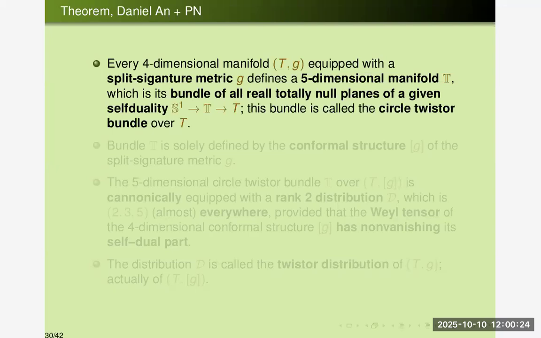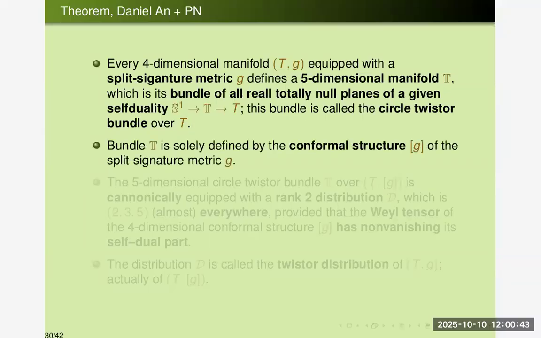In other words, given a four-dimensional manifold with split signature metric, we have a five-dimensional one, which is a fiber bundle over it with the fiber being a circle or SO(2) group. This bundle is actually defined solely by the conformal structure of this split signature metric, because the only thing I use to define it are totally null planes.